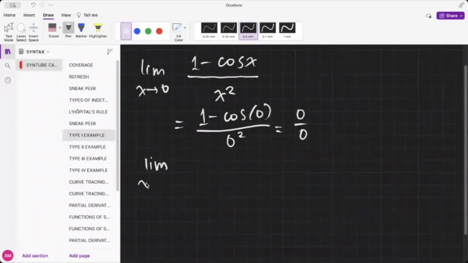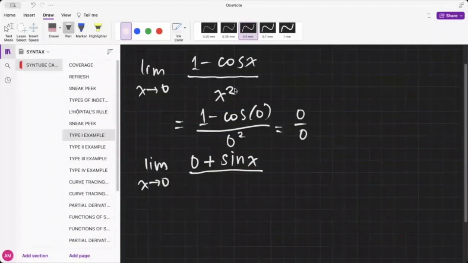Limit as x approaches 0. Ano yung derivative ng 1 minus cosine x is just 0 plus sine x. Dapat yung cosine x is negative sine x, but then negative to, so naging plus, divided by yung derivative ng x squared is 2x.